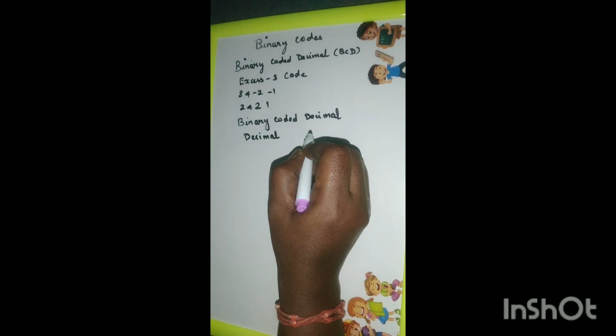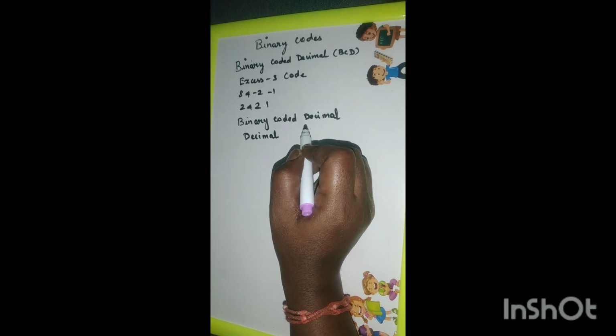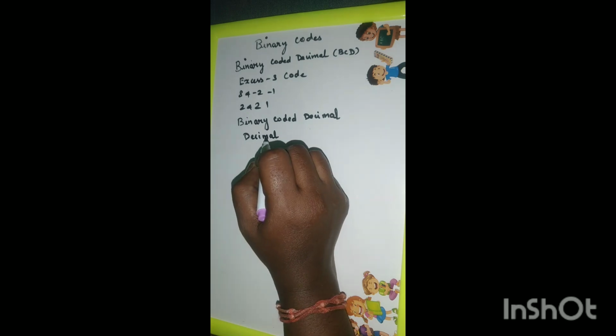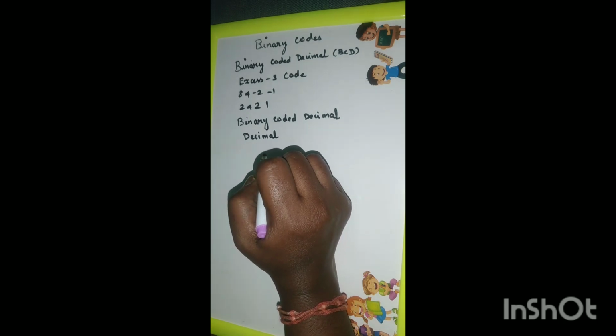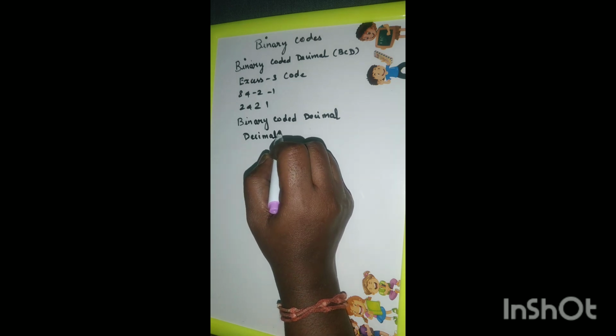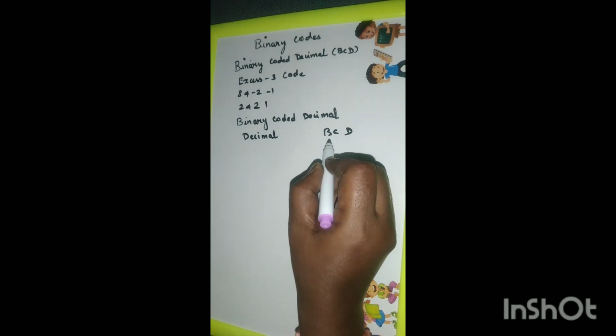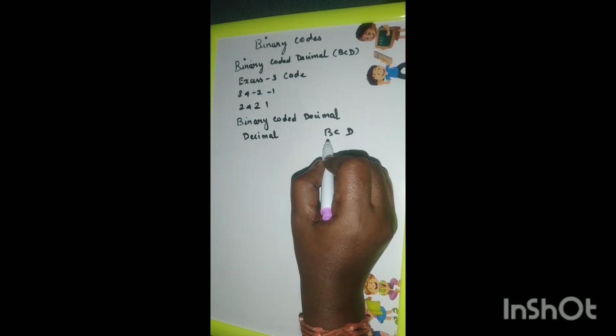It is similar to binary conversion for numbers 0 to 9. The binary coded decimal has 4 digits because the numbers 9 and 8 are represented by 4 digits. That's why we have binary coded decimal in 4 digits. BCD is otherwise called 8421.